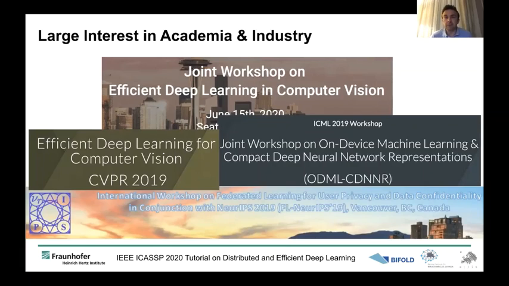This year I'm co-organizing a workshop at CVPR, a joint workshop on efficient deep learning in computer vision, where we will look at these issues and how to design efficient networks, how to compress networks, and so on.